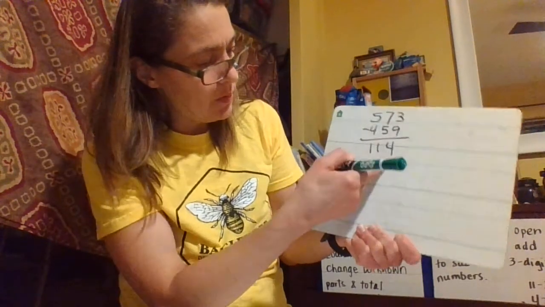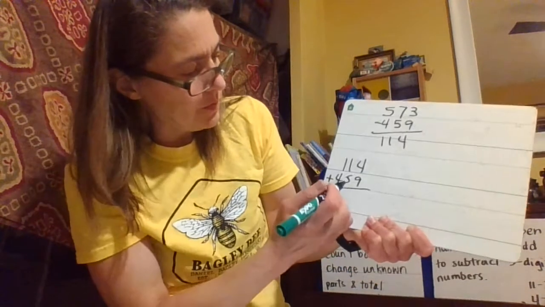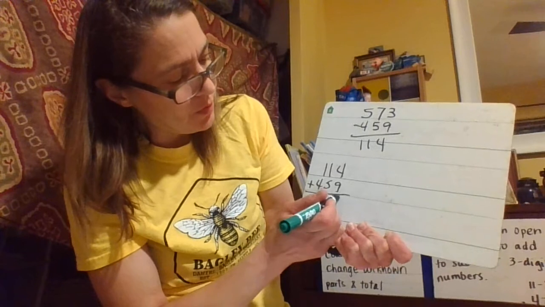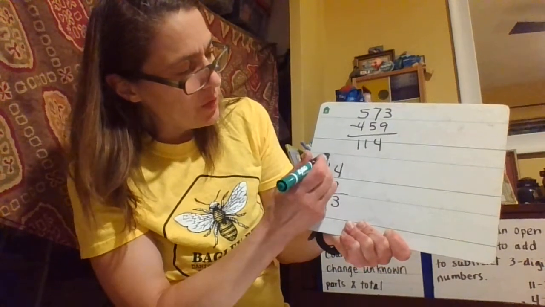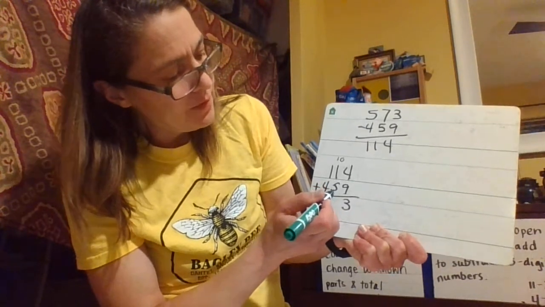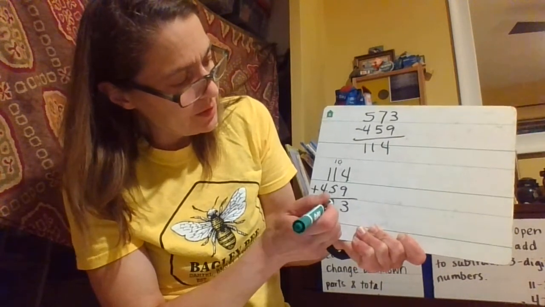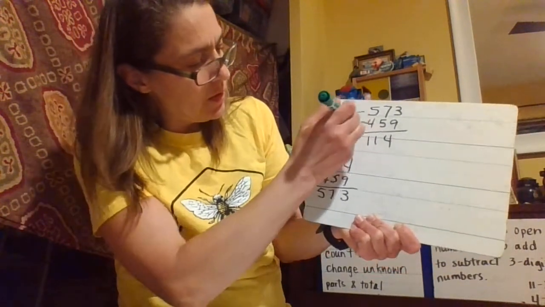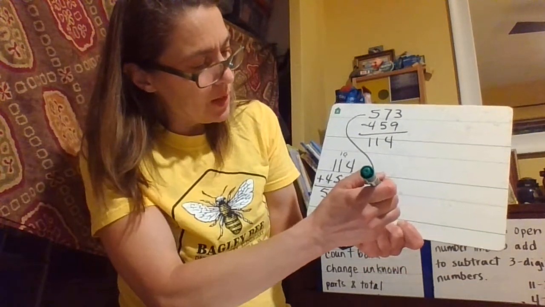Is that going to equal 573? Let's see. 9 plus 4 is 13, so we put the 3 in the ones column and we bring a 10 up here. We have 5, 50, 60, 70, and we have 400 plus 100 is 500. And our answers are the same, so we got it correct.